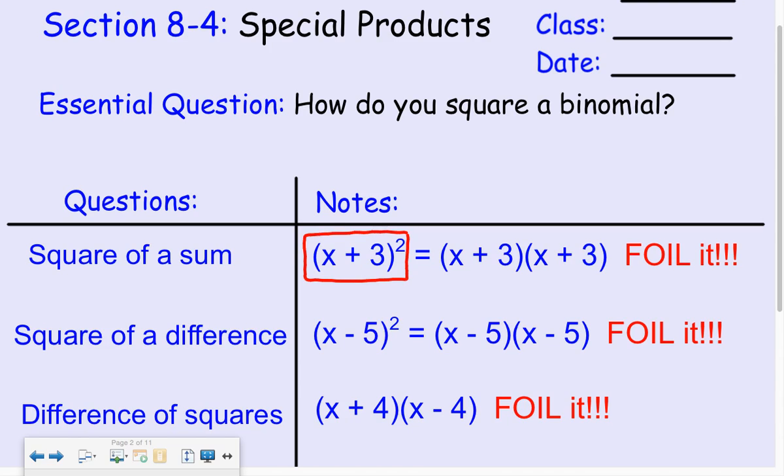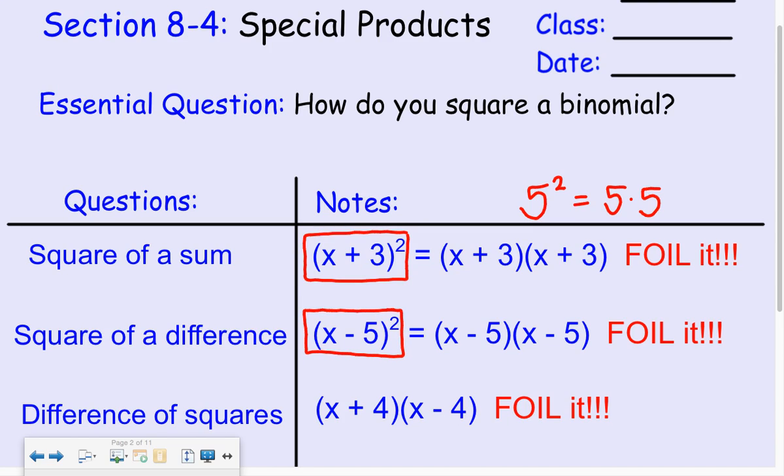And then x plus 3 squared is the same as x plus 3 times x plus 3. Because if you think of it, if you just have 5 squared, that's the same as 5 times 5. Square of a difference means that we're subtracting, because difference means to subtract.